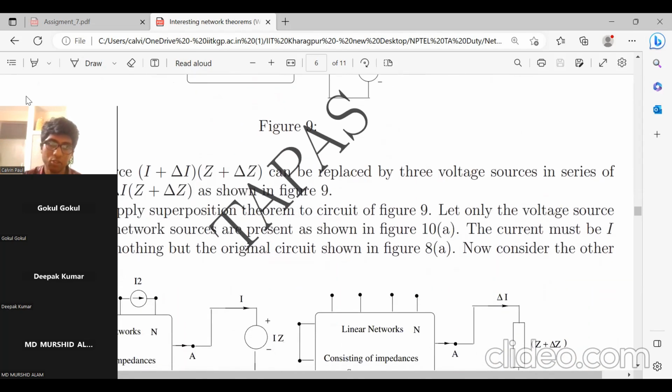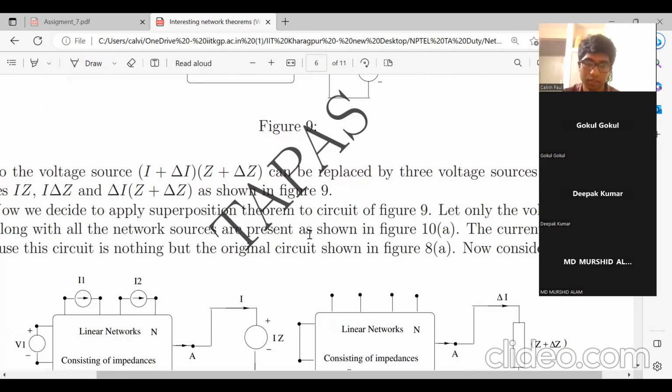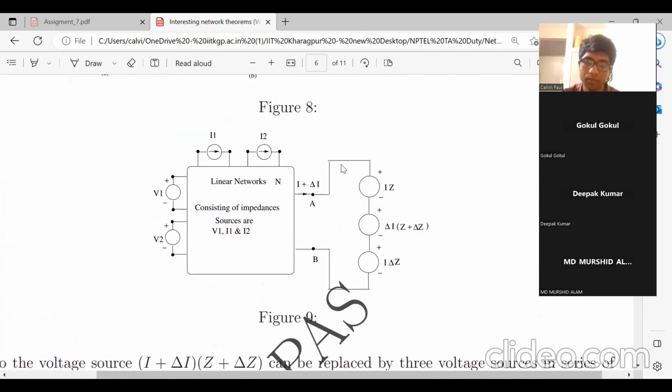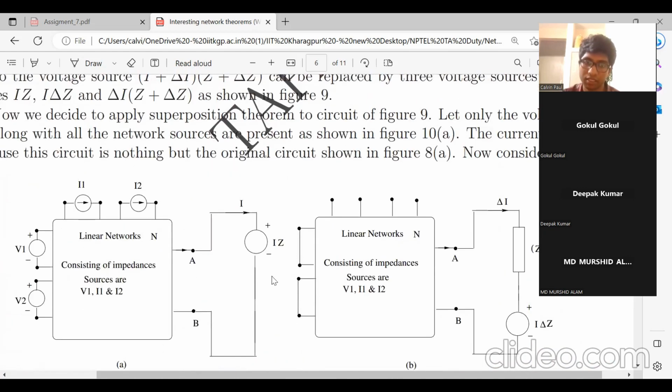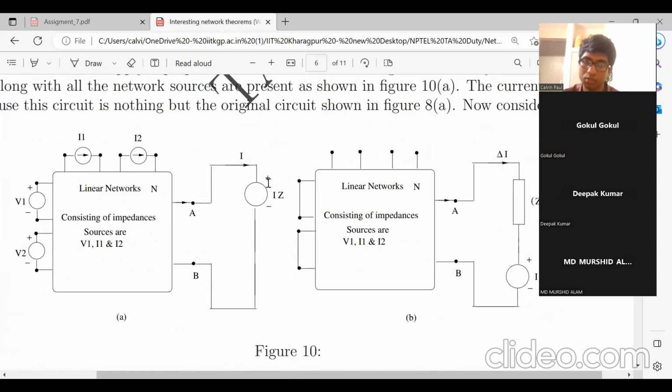Now they apply the superposition theorem. What they do is short these two voltage sources and consider all other sources to be active. So the effective network will come like this. These two sources are shorted and there's this voltage source plus minus IZ.